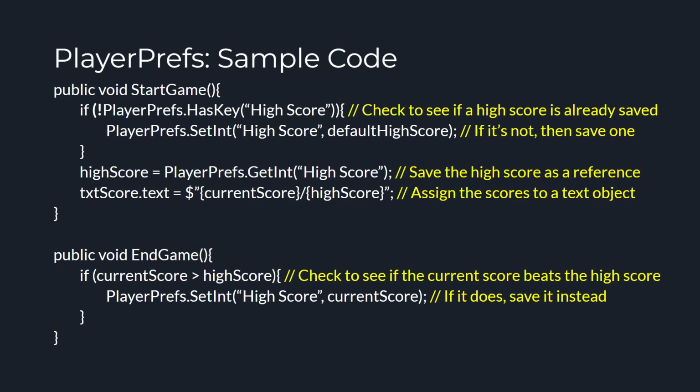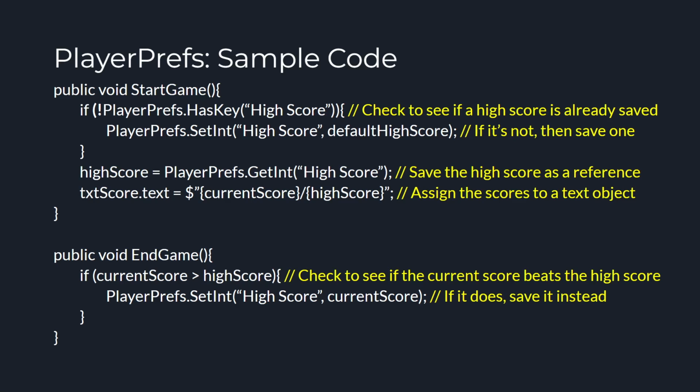Really kind of unnecessary if this next line, instead of just being get int high score, had used get int high score, default high score, that whole first bit wouldn't have been necessary. But to show how it works, that's how it works, right? So it checks, does it exist? If it doesn't exist, go ahead and write one, just in case.